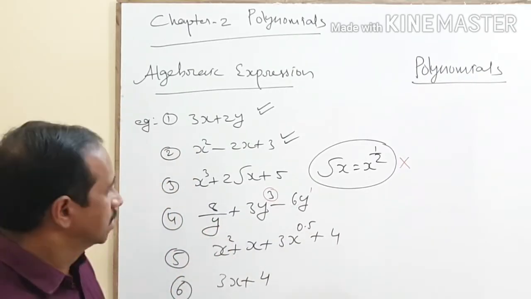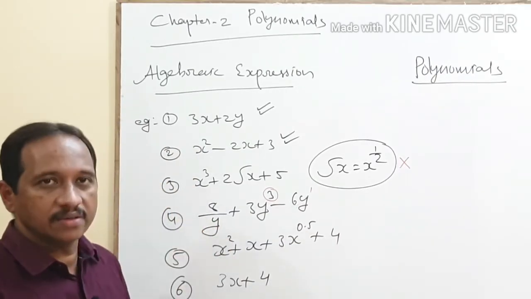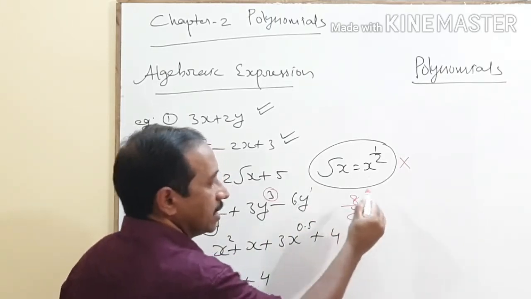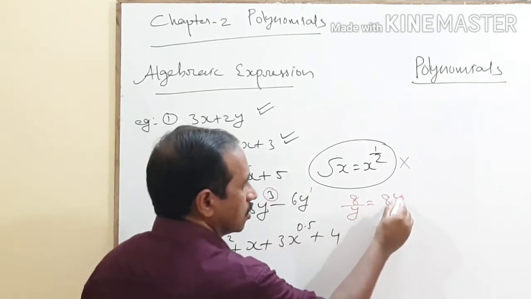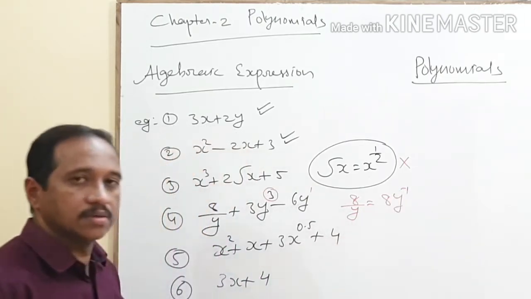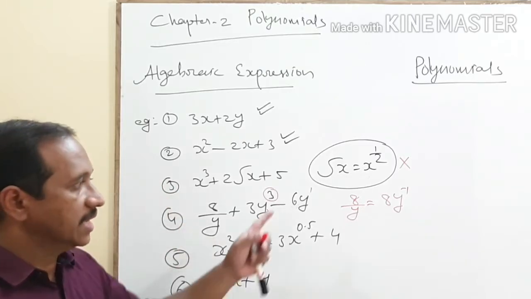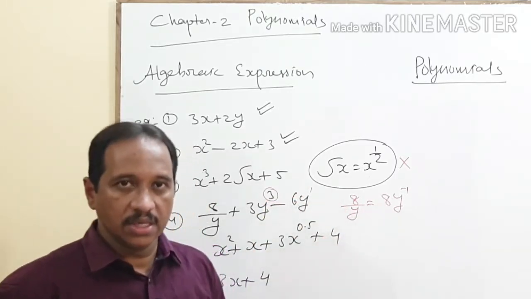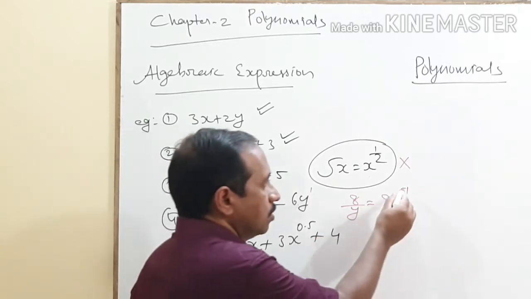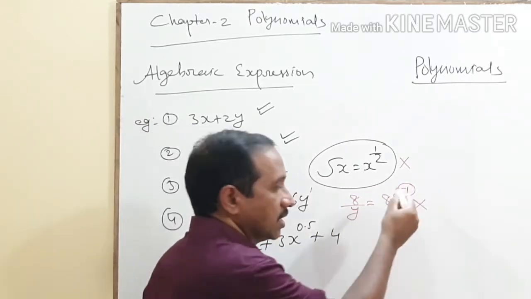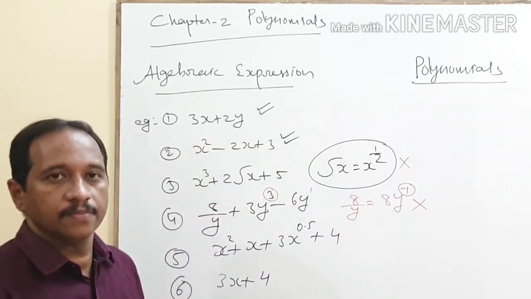But in the first term, what is the power of the variable y? Actually, when you write 8 by y, it is equal to 8y raised to minus 1. That means 8 by y means 8y raised to minus 1. Here, the power of the variable y is a negative integer, so this is also not a polynomial.